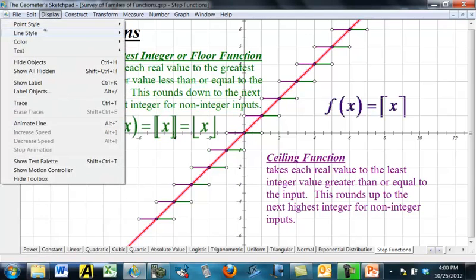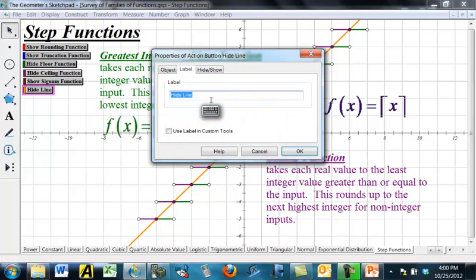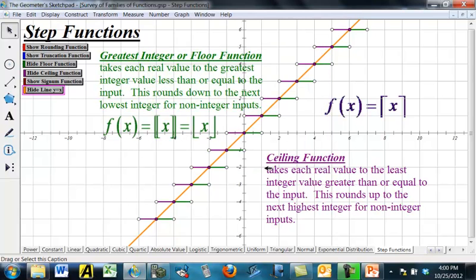And notice that the points on the line y equals x are on both the greatest integer or floor function and the ceiling function. So the floor and ceiling, those points there that they have in common, you can see.